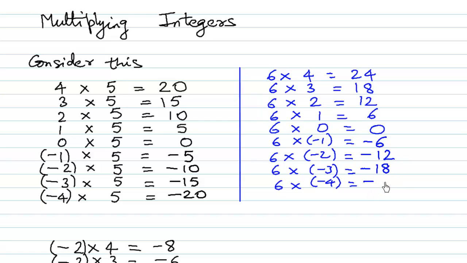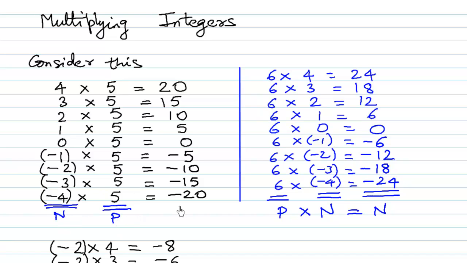And the next number should be negative 24. So if you observe, a positive 6 when multiplied with a negative 4 gives a negative answer. So a positive multiplied by a negative gives a negative answer. Similarly over here, a negative number when multiplied with a positive number gives us a negative answer.